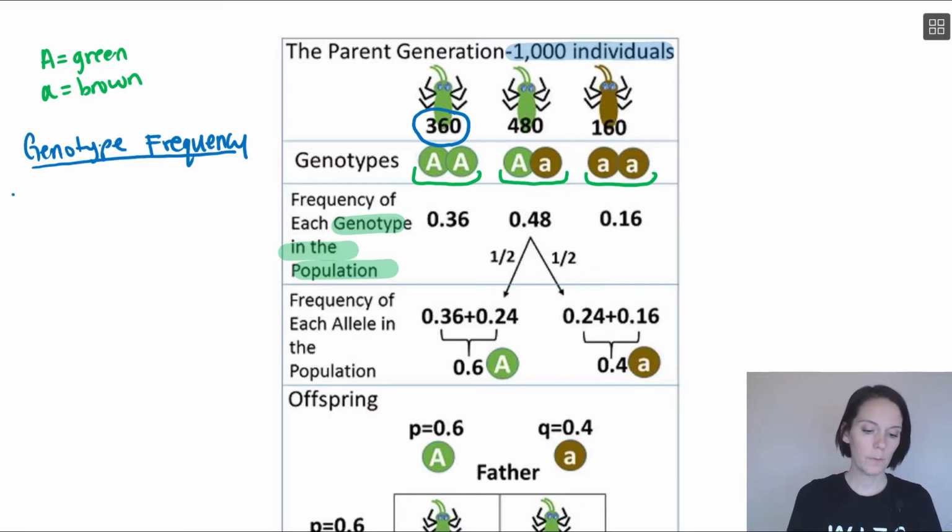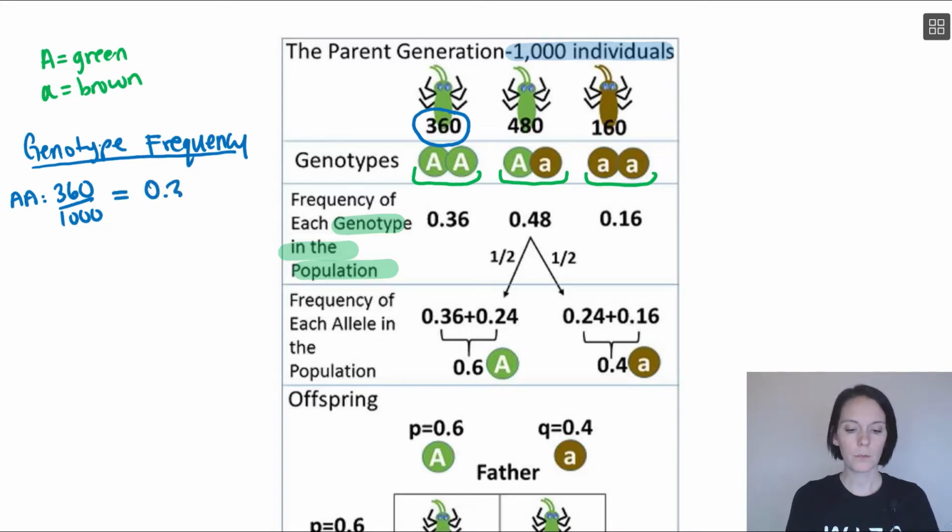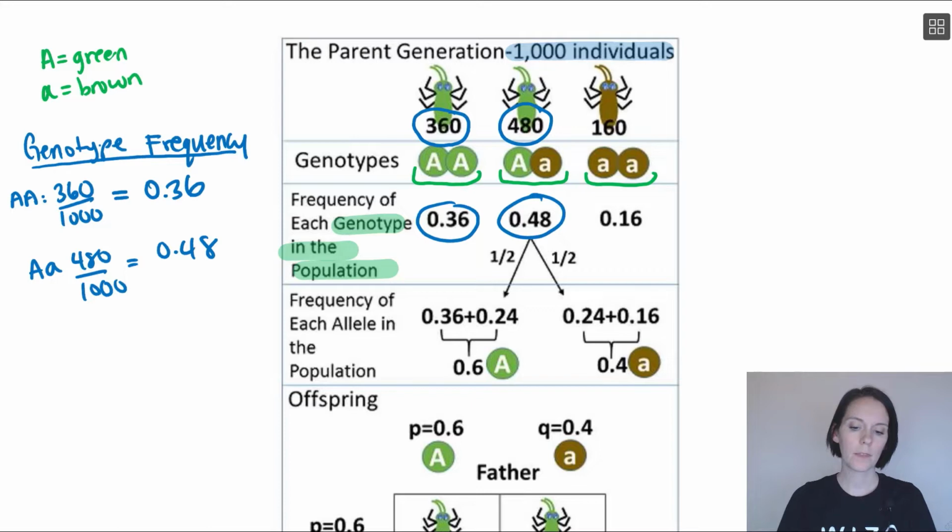Okay, so for the big A big A genotype, we have 360 individuals out of 1,000, which gives us a genotype frequency of 0.36, okay, which is shown right here. For the heterozygous genotype, so big A little a, we have 480 out of 1,000, and so that gives us a genotype frequency of 0.48, which they've given us here as well. And for little a little a, we've got 160 individuals with that genotype out of 1,000, and that gives us a genotype frequency of 0.16.